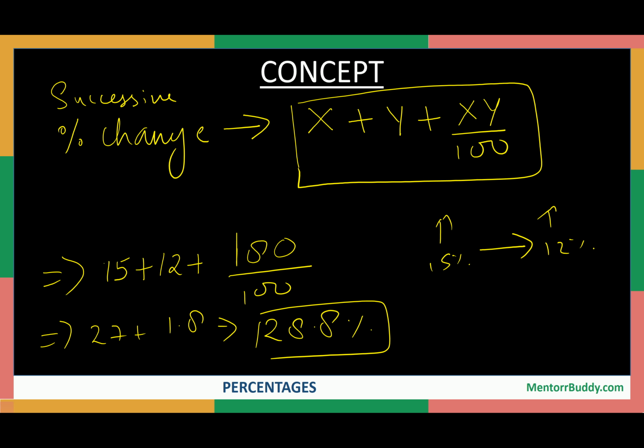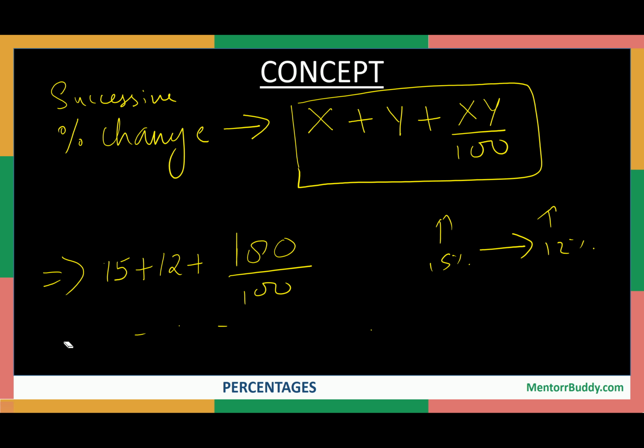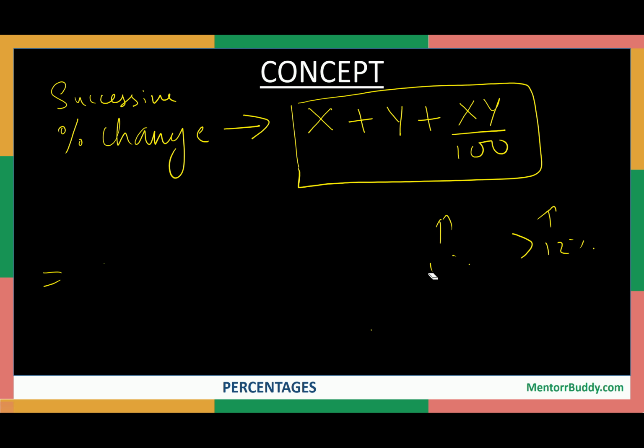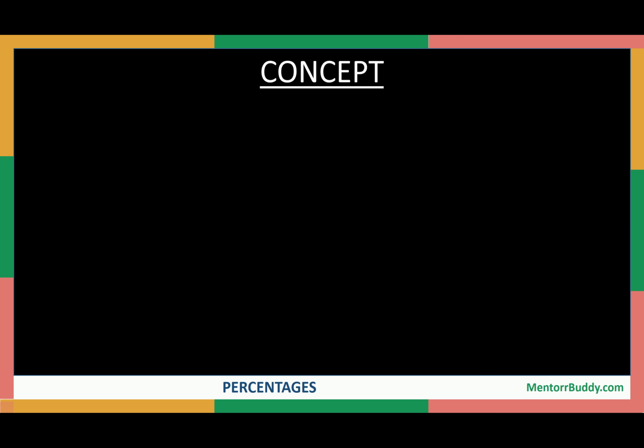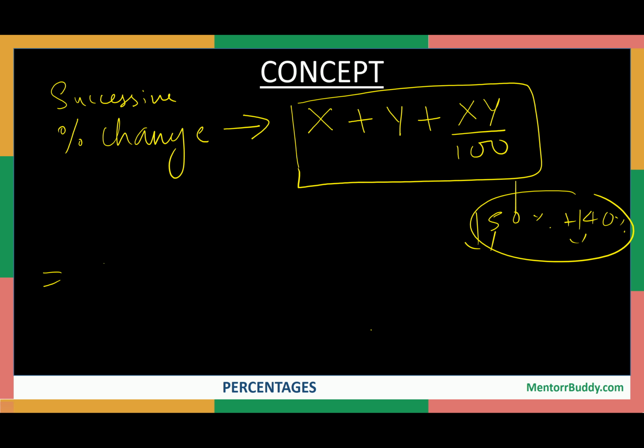Okay, there can be situations in which not in all cases there will be only increase or only decrease, right? First we'll take one more example that we discussed initially, that is 50 plus 40% off. It means there was a discount of 50%, and then 40% off. Off means discount, which means you are reducing it. So there is a decrease of 50% and then again a decrease of 40%. How to apply in this?